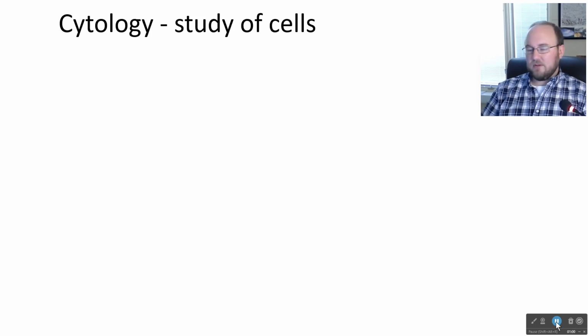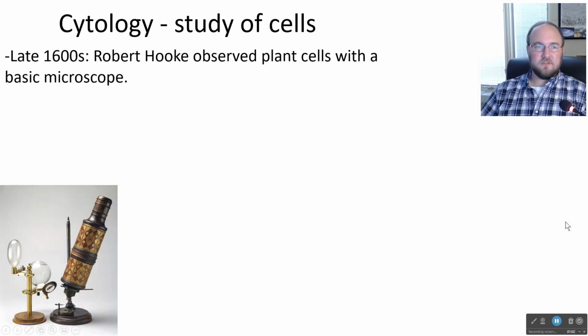And so it wasn't until about the late 1600s that we were doing this kind of stuff. Robert Hooke is one of the guys who gets credit for doing some of the first major discoveries there. Robert Hooke and Antony von Leeuwenhoek.